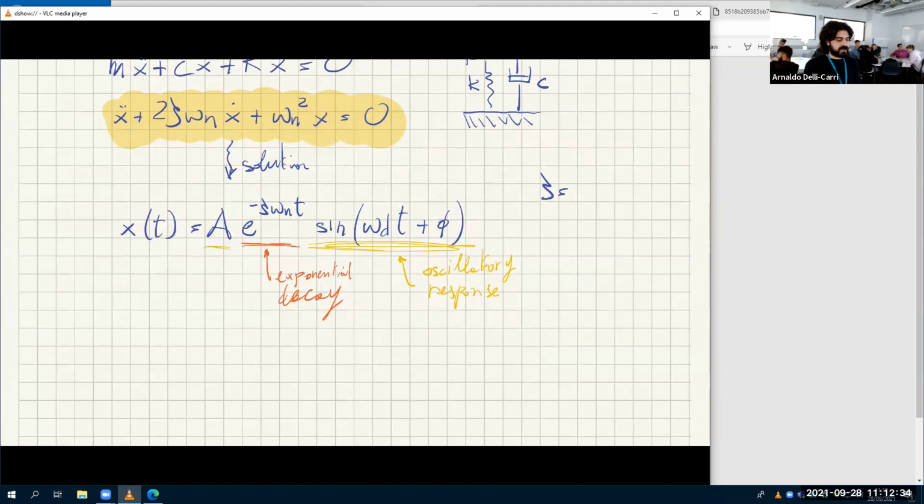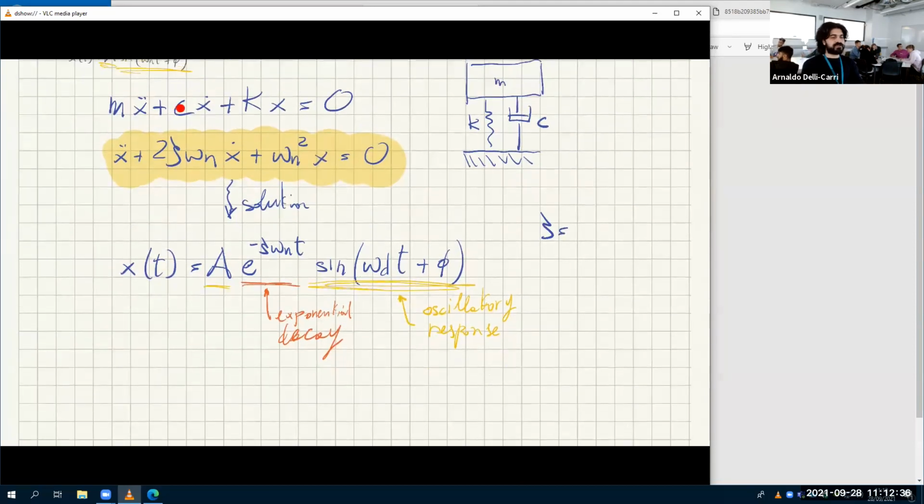This c is called the damping coefficient. Zeta is called the damping ratio because it's a ratio of coefficients, which is the damping coefficient over a critical damping coefficient.